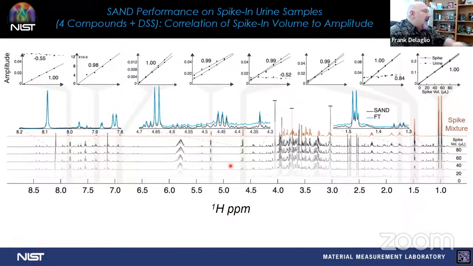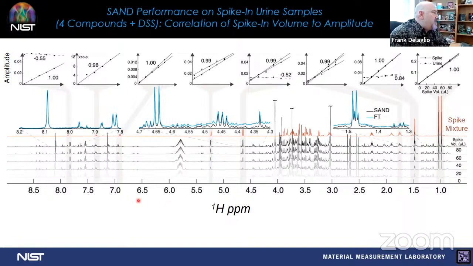So as a way to make this comparison and this judgment about how effective the modeling is more tenable, we took a collection of urine spectra, and these urine samples have added to them different amounts of a 4-compound mixture.